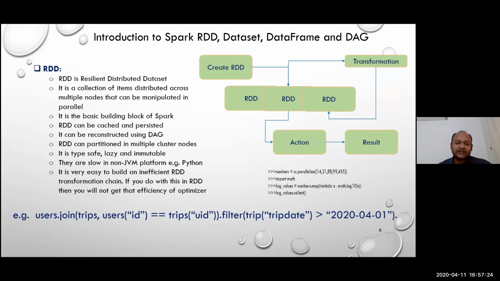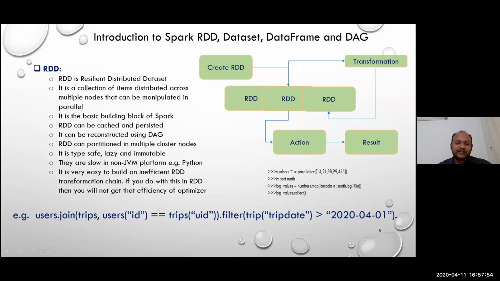But if we change the flow of the query, so let's say we first separate this filter before comparing with the user table. So we filter the trips table first and then try to join with the users. Then the operation will be efficient and there will be no change in the output.